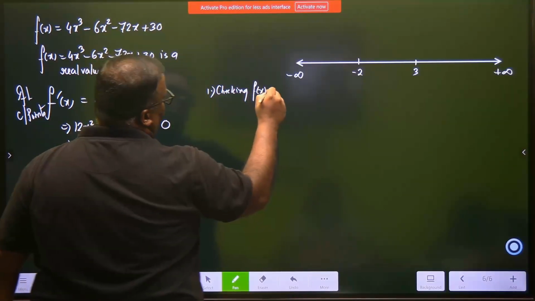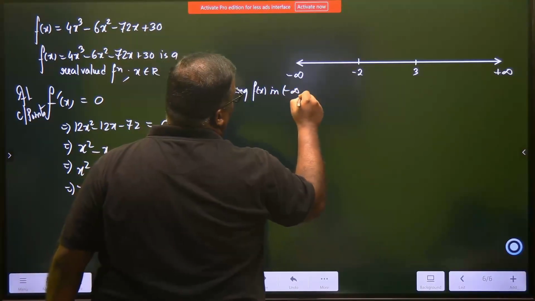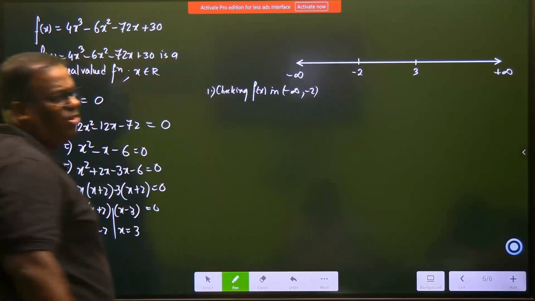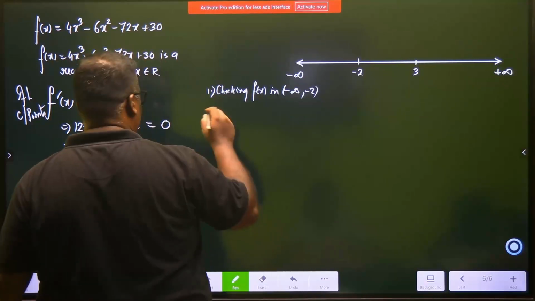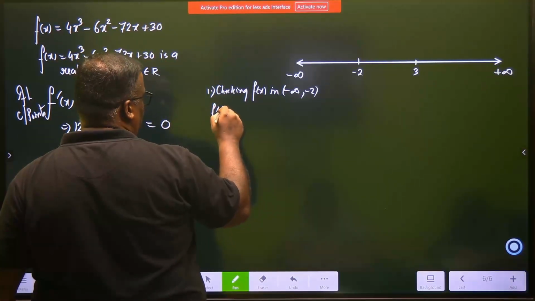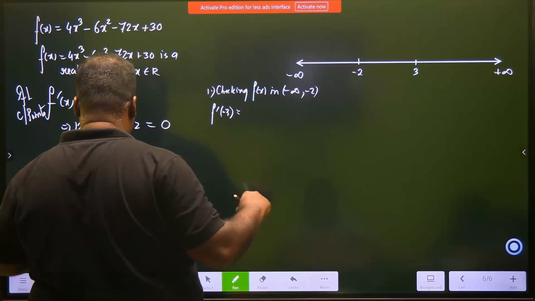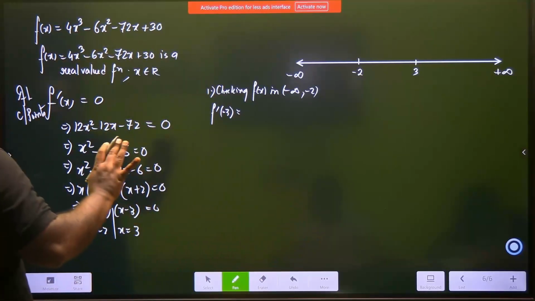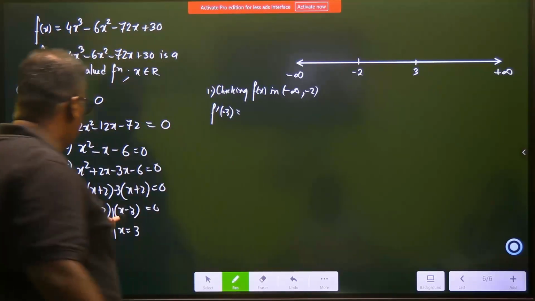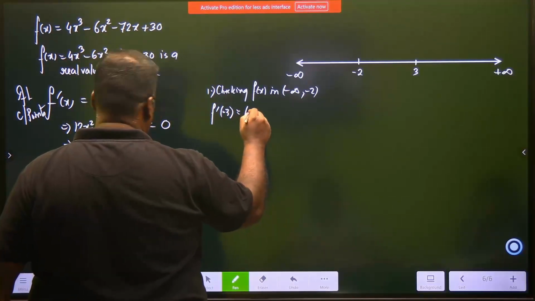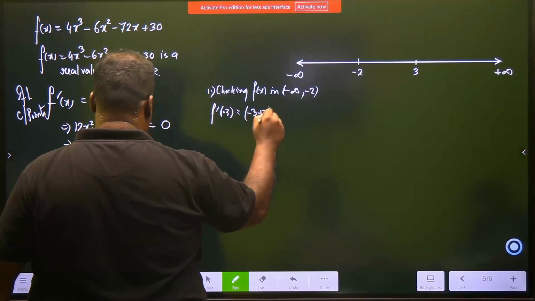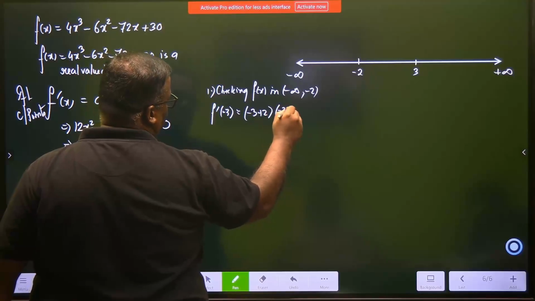f(x) in negative infinity to minus 2. What value can you take? Minus 3? Okay, let's check. f dash minus 3, just see the value. You can take it from this value also, not an issue. So this will be minus 3 plus 2 multiplied by minus 3 minus 3.